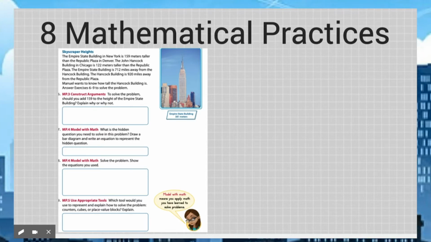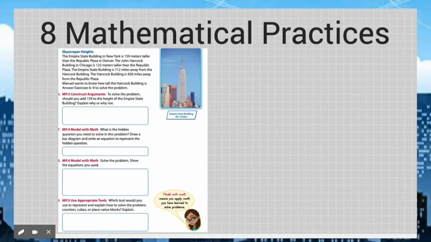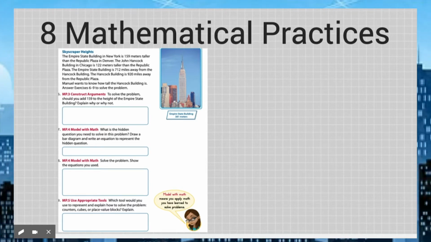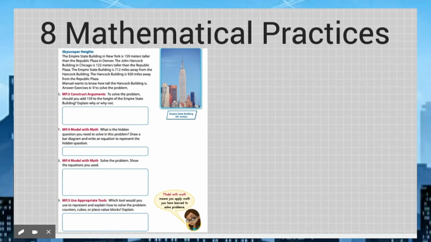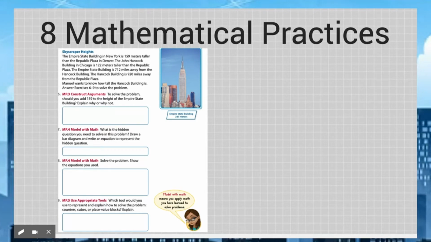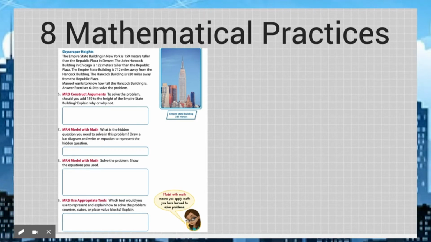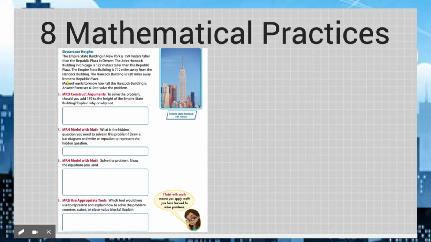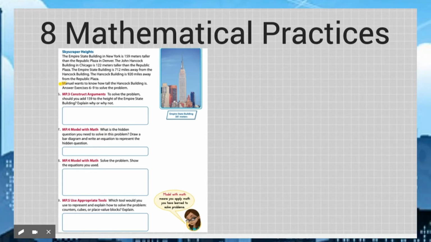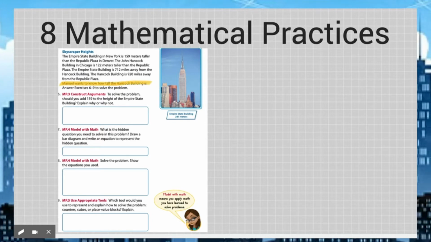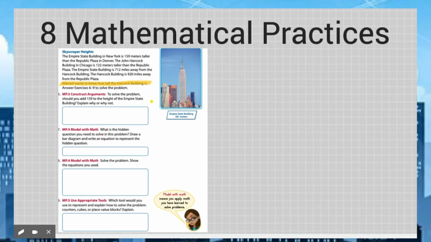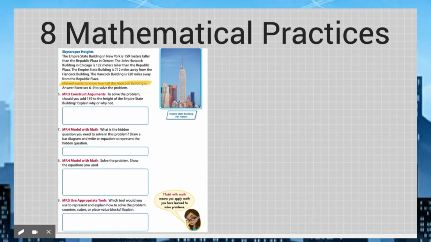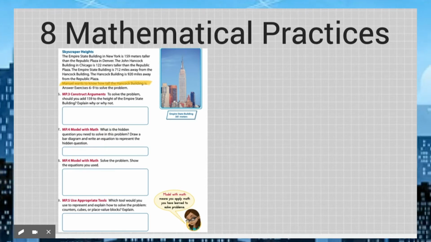The Hancock Building is 920 miles away from the Republic Plaza. Manuel wants to know how tall the Hancock Building is. All right. So we need to find out how tall the Hancock Building is. That's really important. I'm going to go ahead and highlight that because that's what we're going to be trying to figure out.